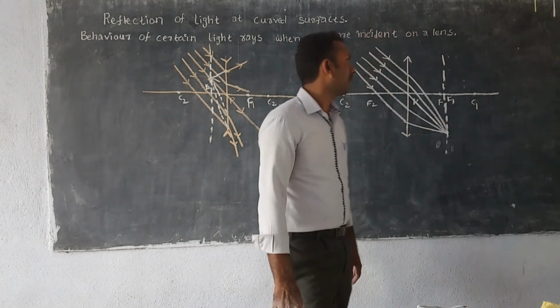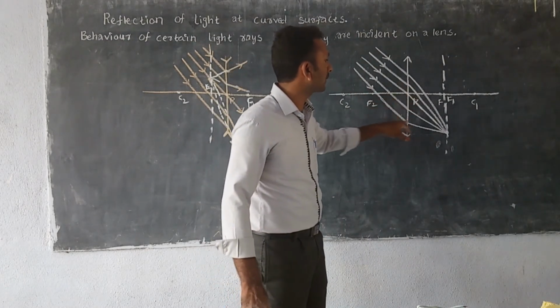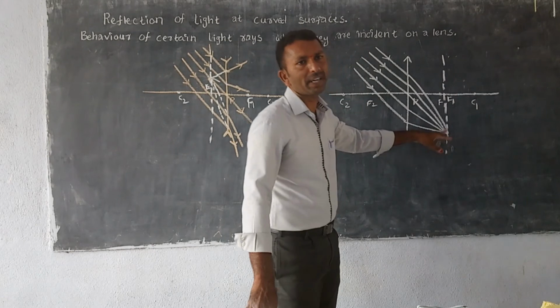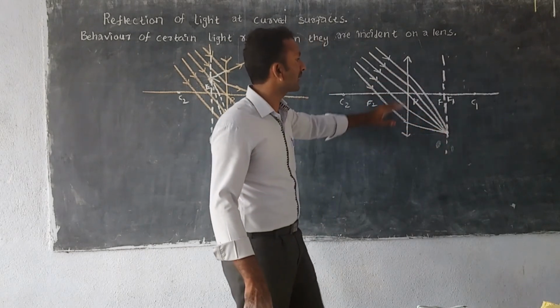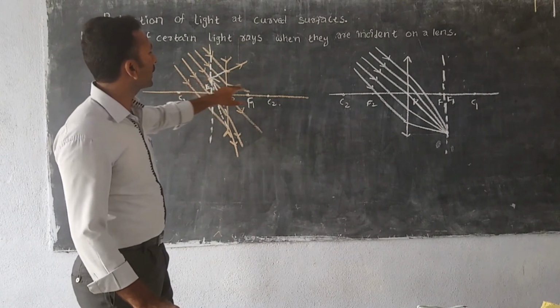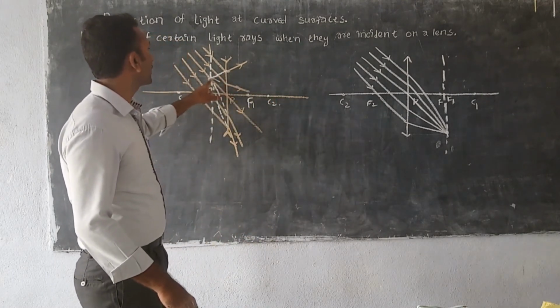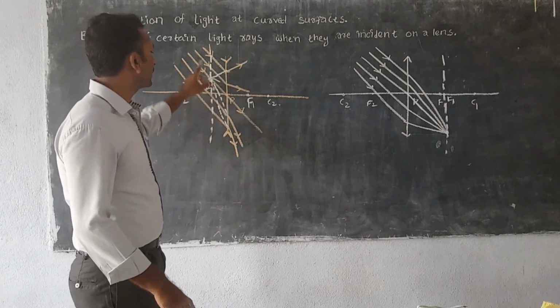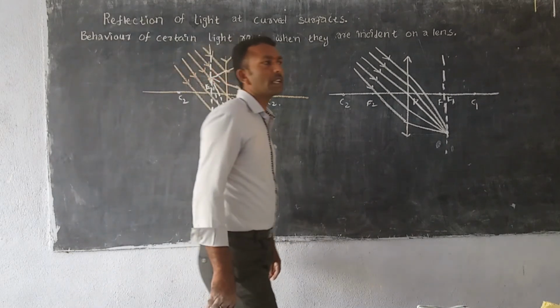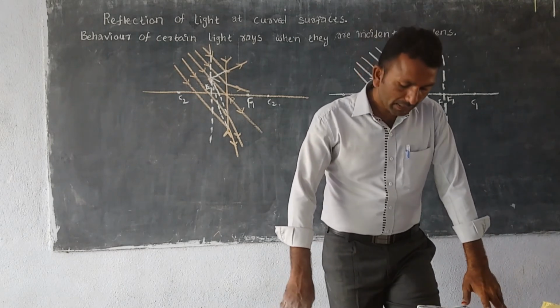And what is the reason for this? In this situation for the convex lens, the light rays are intersecting at one point. There is no problem with the convex lens, but if you come to the concave lens, the light rays are diverging in different ways. So we need to extend these refracted rays to intersect at one point, and that will be the image point.